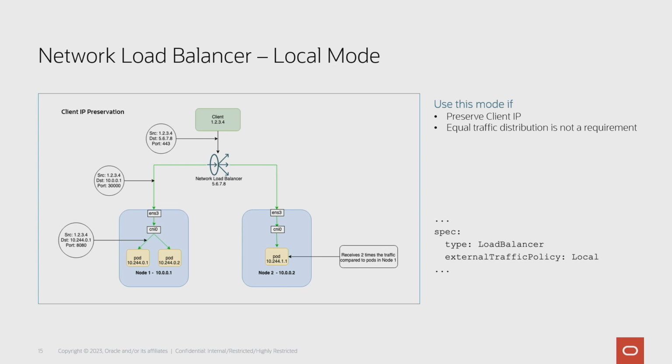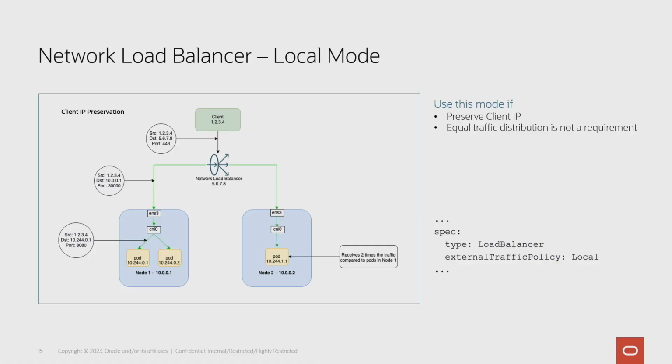Now, when you use a network load balancer, there are 2 options that you get. The first option is whether you want to preserve the IP address of the client that is coming from the internet. There are times when developers want to see exactly where the client IP address, where the traffic, is coming from.